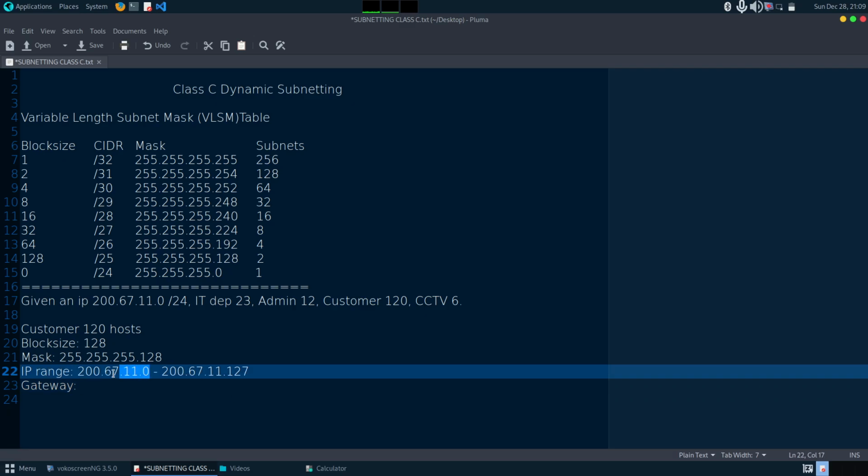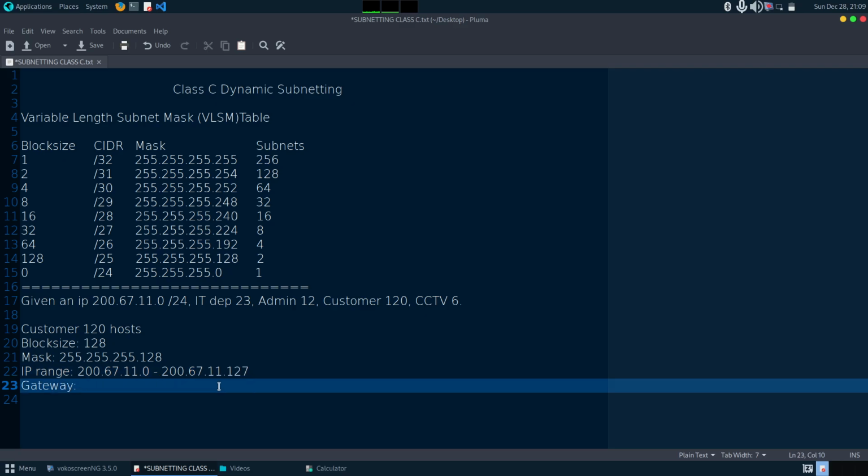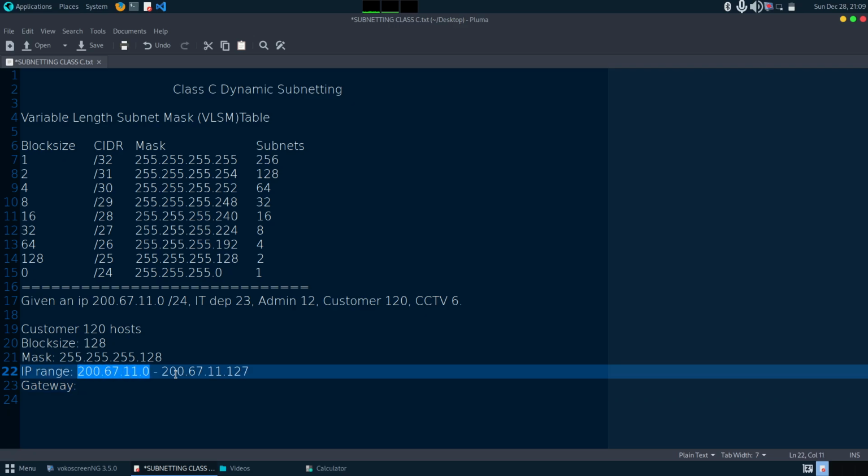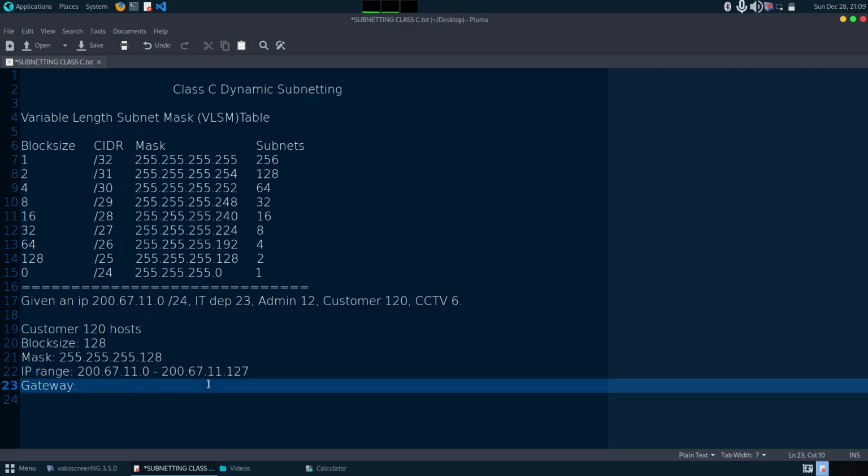Remember, this is the network address, the first address when you're creating a range, and this 127 is the broadcast address, the last IP in the range that you have created.